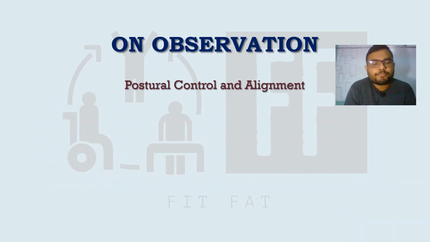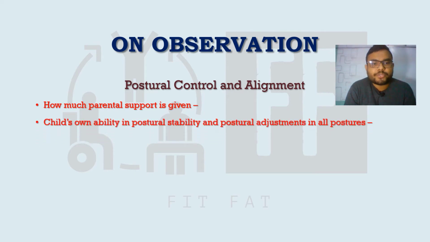Then you need to observe the postural control and alignment. Under this, you first need to check how much parental support is given to that child to maintain their postural control. How much the child is able to maintain the postural stability and postural adjustment in all of the postures, right?